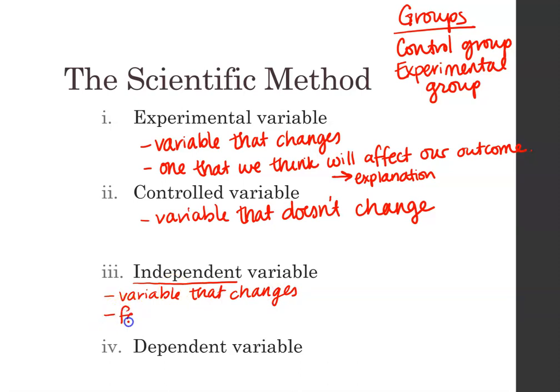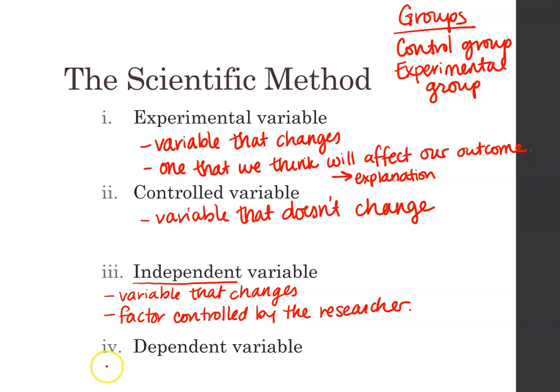And it is the factor that is controlled by the researcher. So experimental variable and independent variable are essentially two words that mean the same thing. It is the factor that we are looking at as the agent of change.